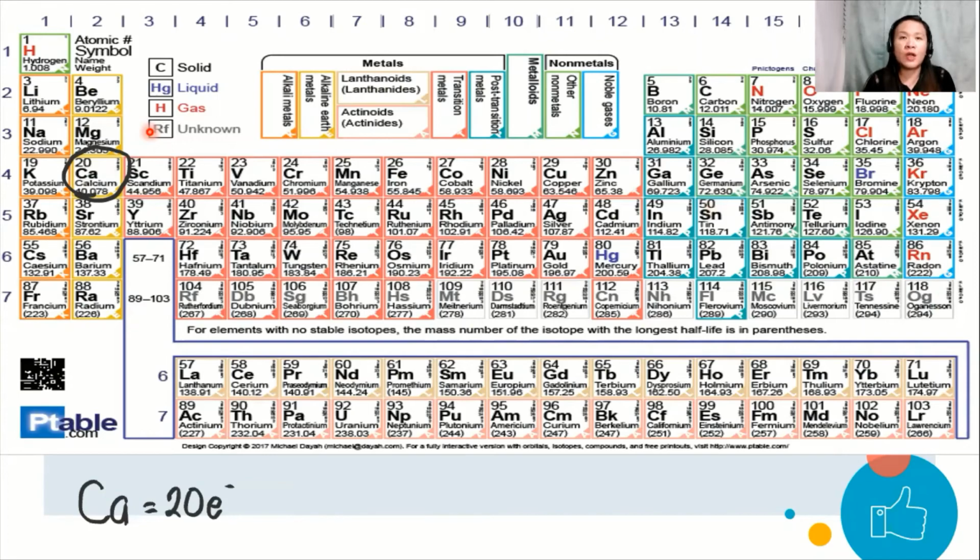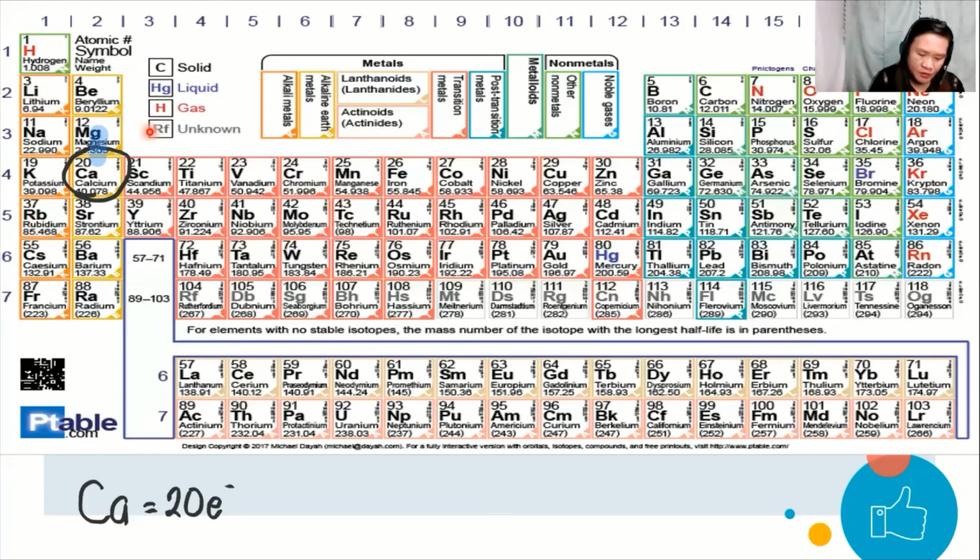So again, how do we write the electron configuration of calcium? As we mentioned earlier, first you go up one level. Since calcium is in 4, we have to go up one level, and that will be 3. And then we go to the noble gas above it.